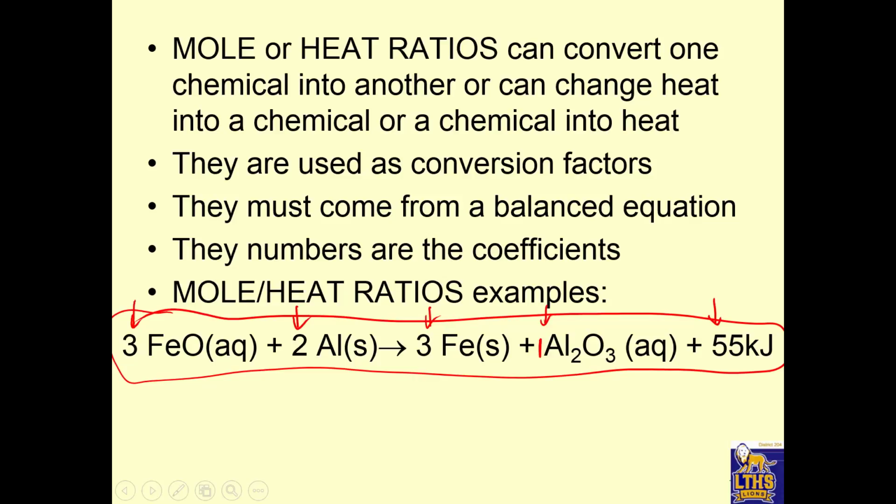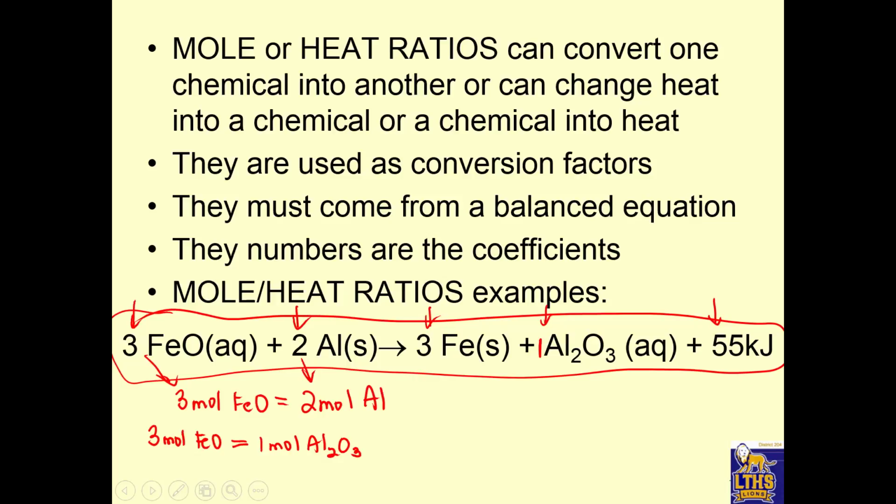So we can use these as conversion factors. So what this balanced equation means is that 3 moles of FeO equals 2 moles of aluminum, because I use the coefficients, and only for this reaction though. Also, 3 moles of FeO equal 1 mole of aluminum oxide for this reaction.